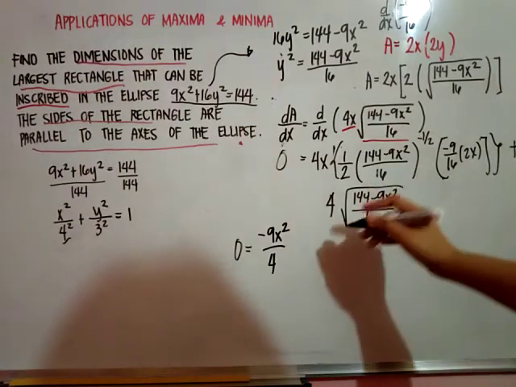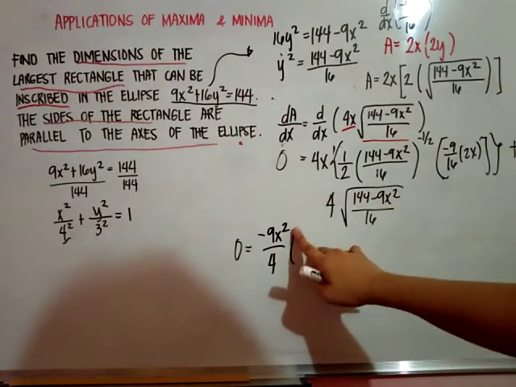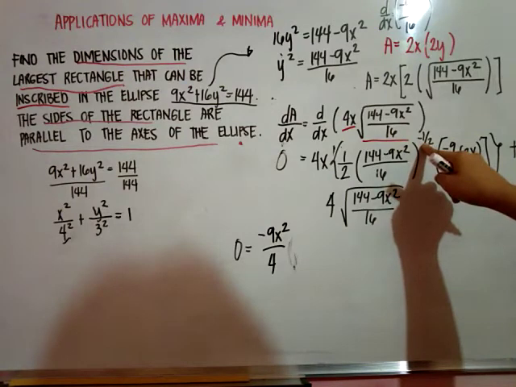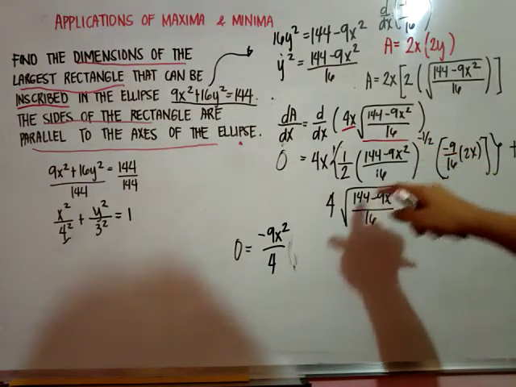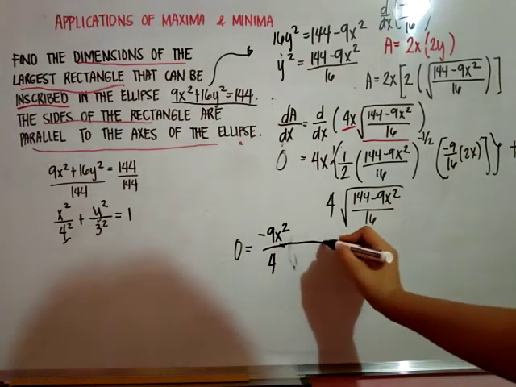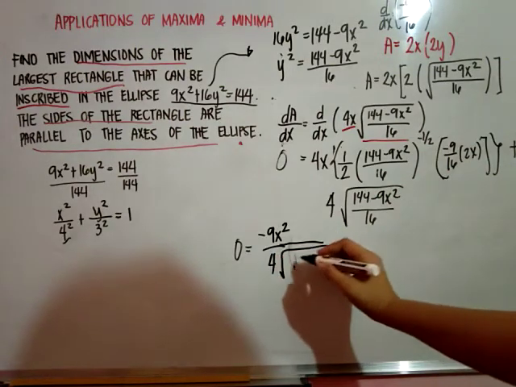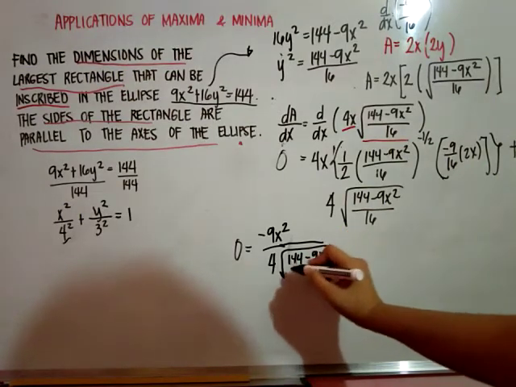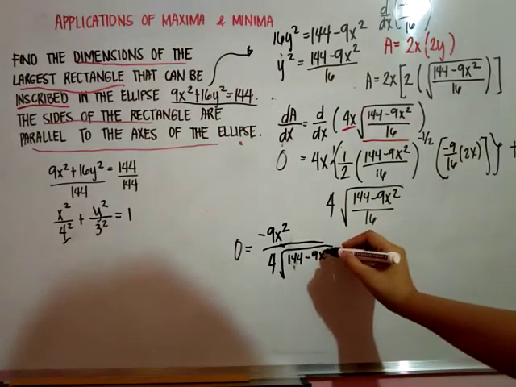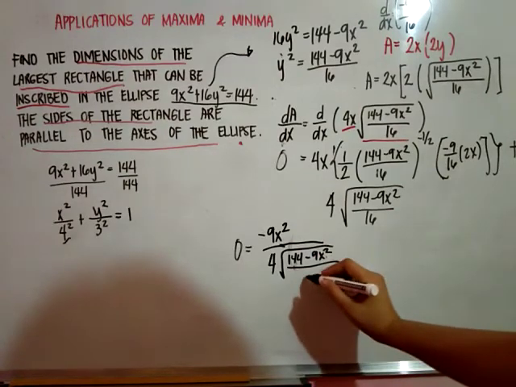There is also this expression that goes with it. Since its exponent is negative 1/2, we can express it as the square root of (144 minus 9x squared) all over 16.